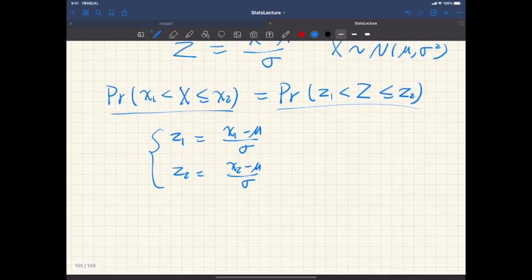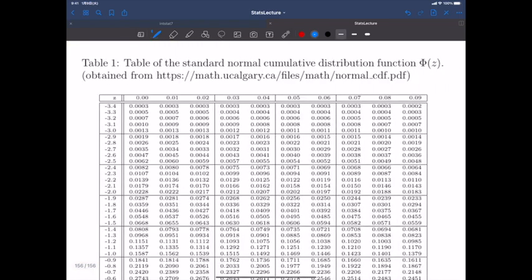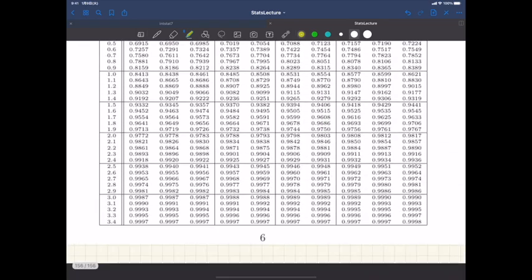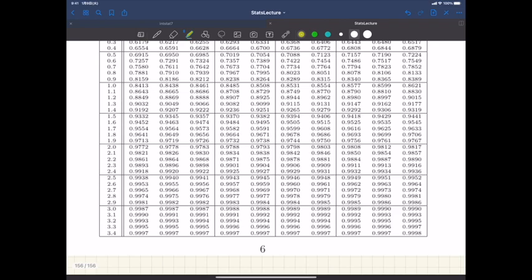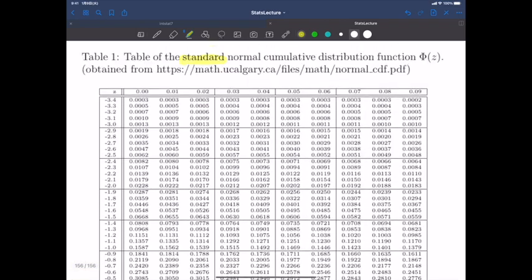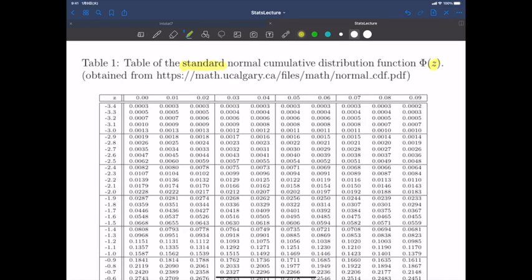So by using this fact, we can utilize this table of the standard normal cumulative distribution function. This table just gives you the probabilities of various values of z.